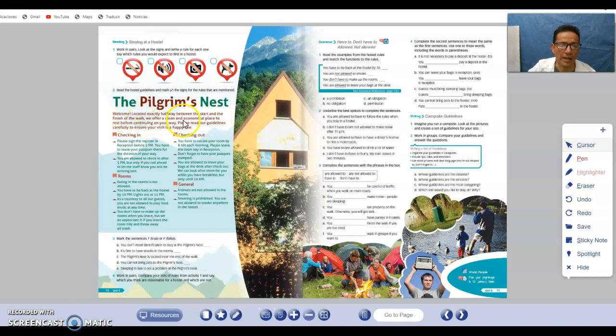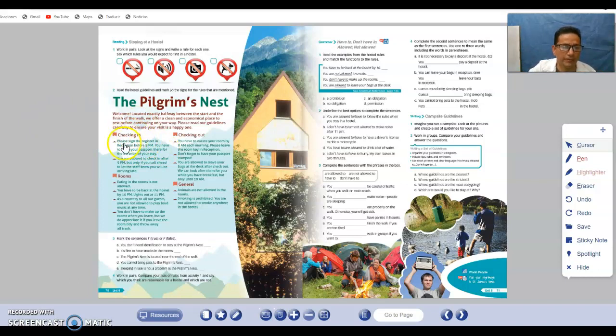We offer a clean and economical place to rest before continuing on your way. Please read our guidelines carefully to ensure your visit is a happy one. So listen and read. You're going to do the same. Listen and repeat. You repeat.